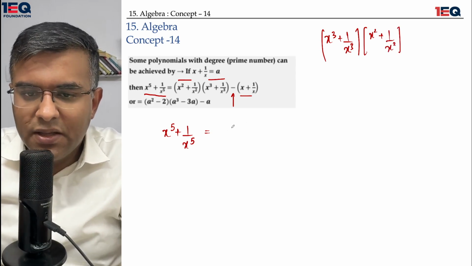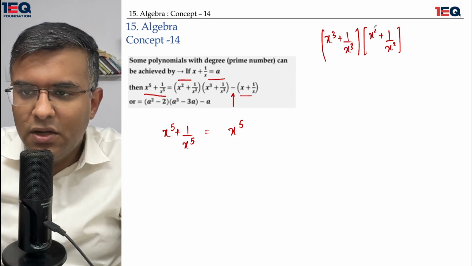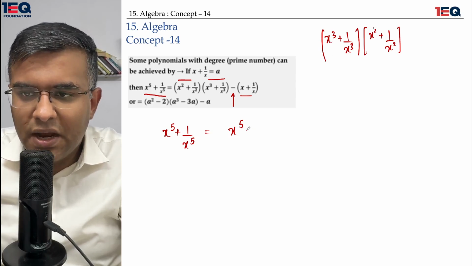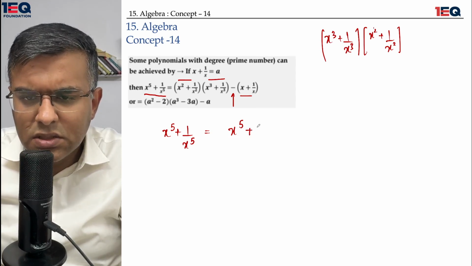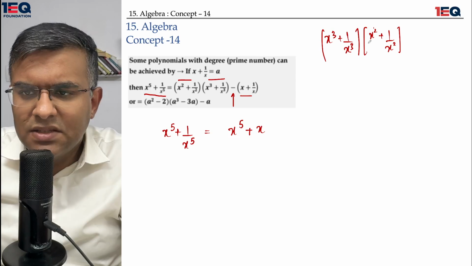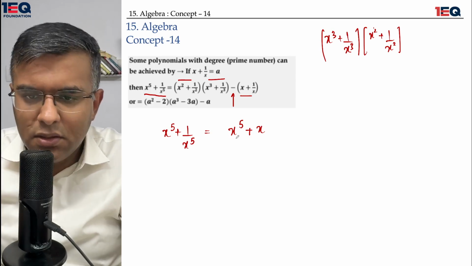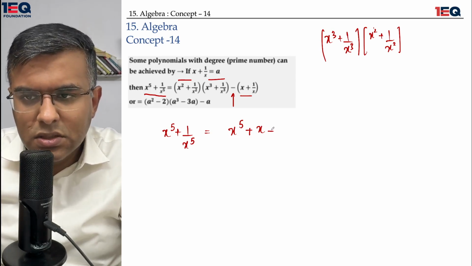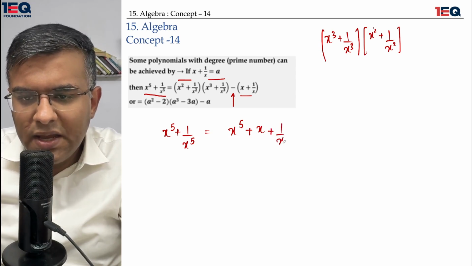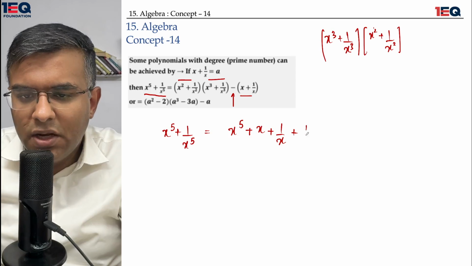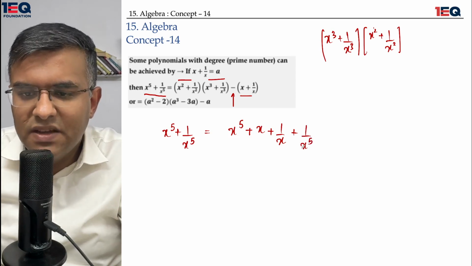Now when I multiply them, I get the value of x raised to the power 5, because this 3 and 2 are getting multiplied, the powers will get added, plus x, because x cube by x square would become x to the power 1. Okay, plus I would get 1 by x as one term and 1 upon x raised to the power 5 as the other term.